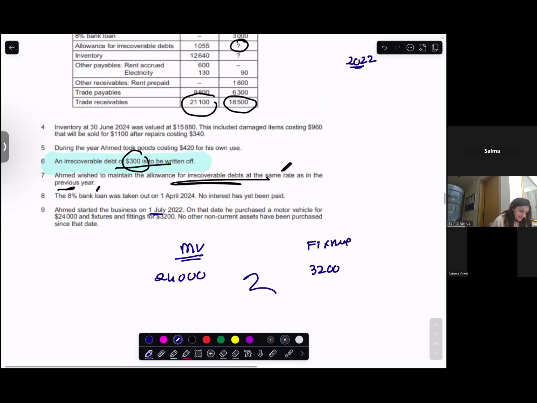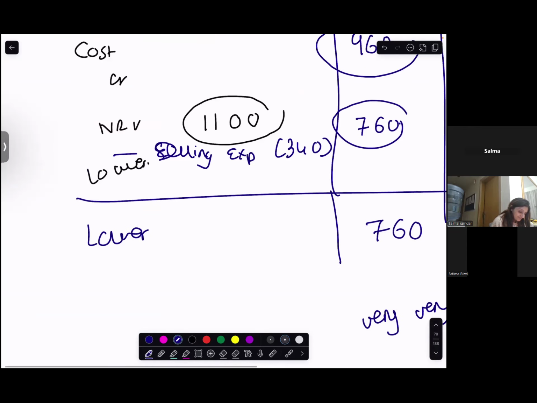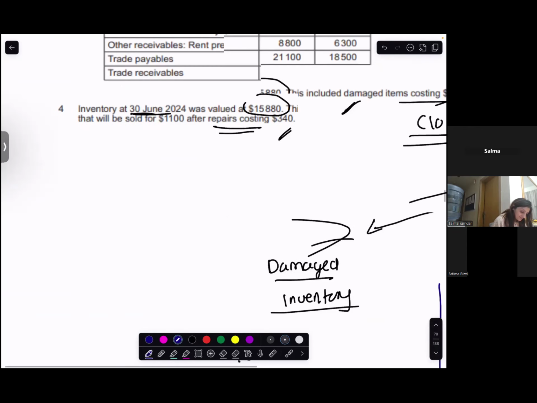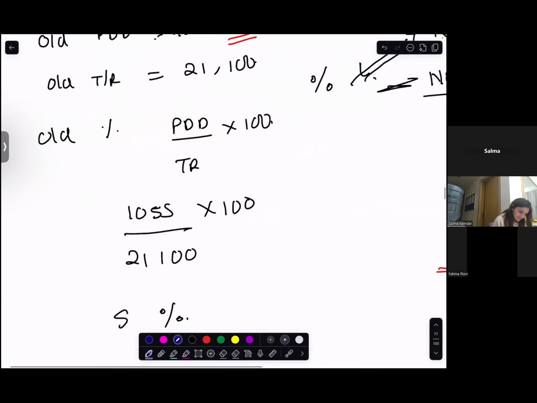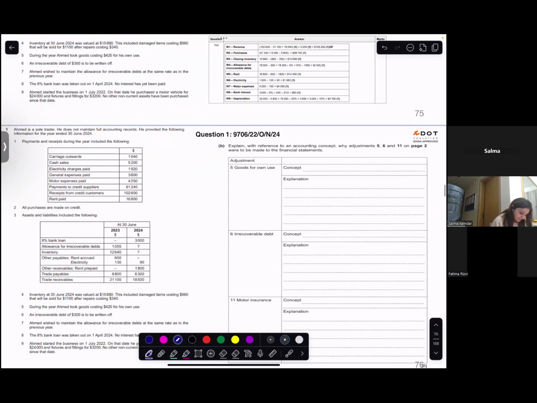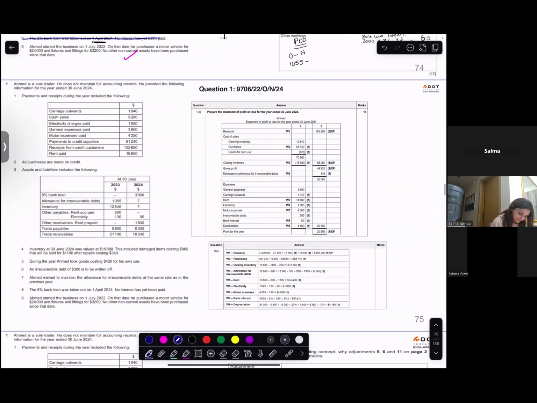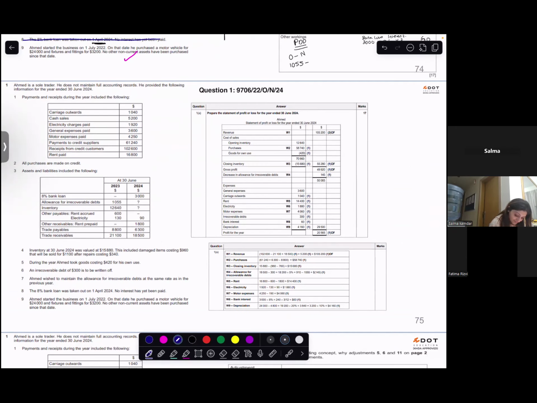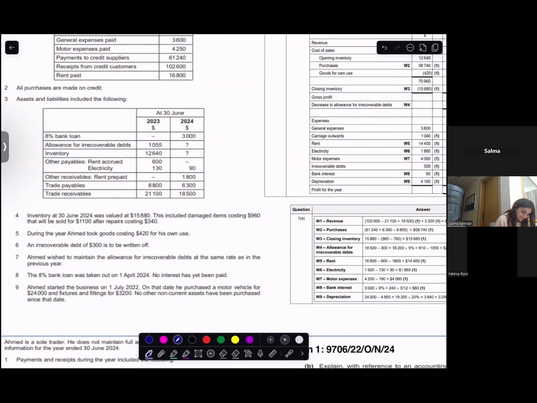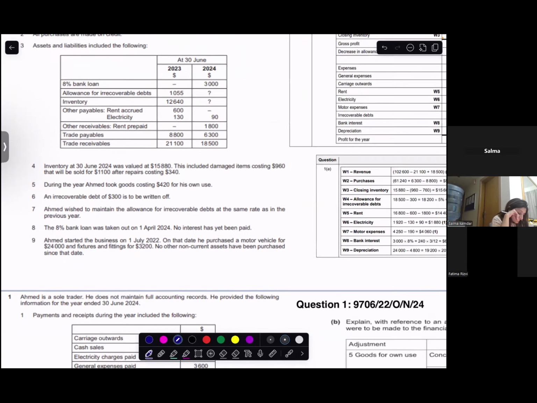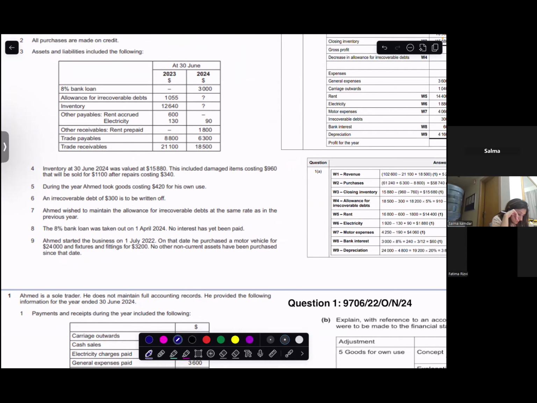Okay, let's see if some information is missing. Motor vehicle was purchased for 24,000.